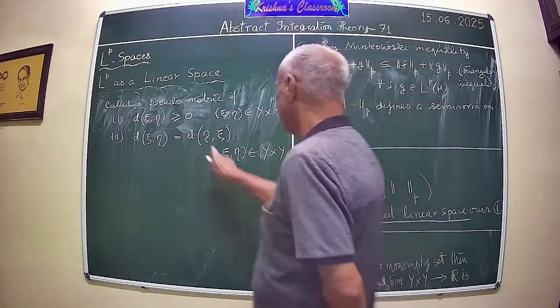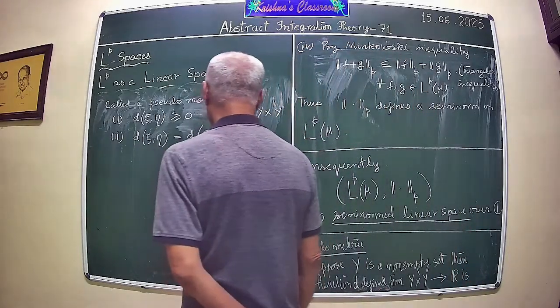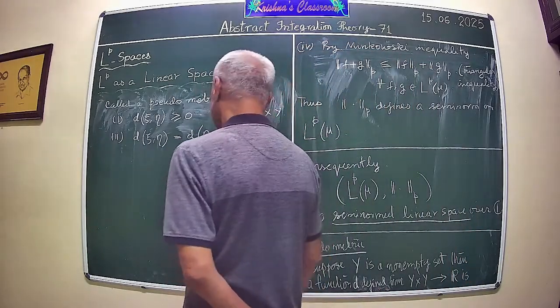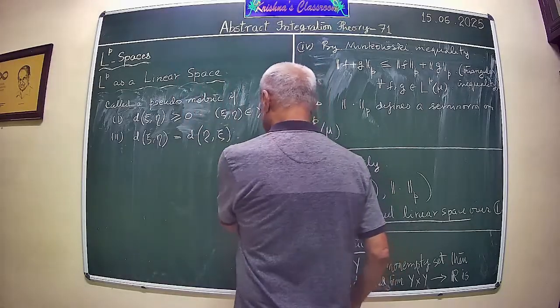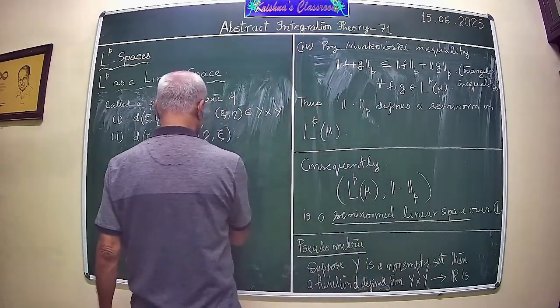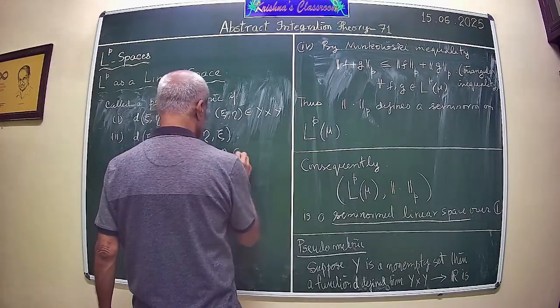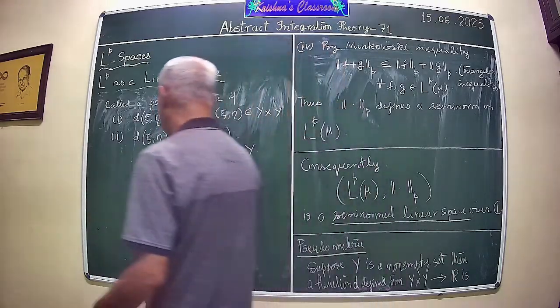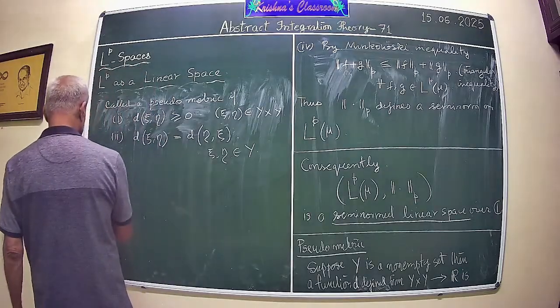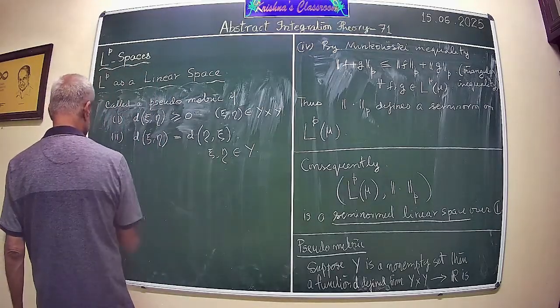Then the third property is the triangular inequality again.